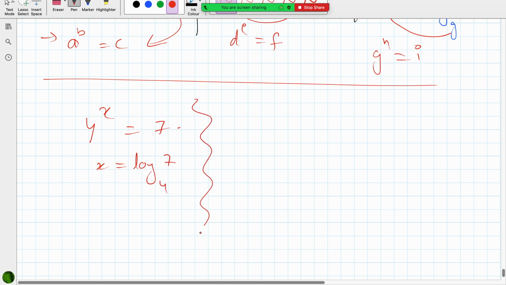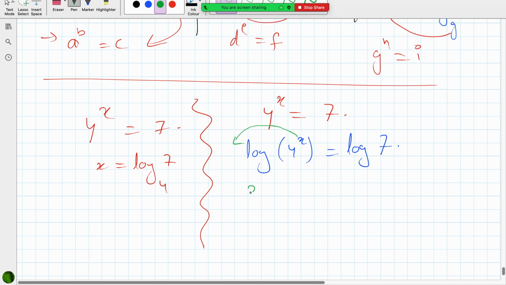Now there is one other way you can do it. 4 raised to power x is equal to 7. What should you do? You should apply log on both sides. So this is log of 4 raised to power x is equal to log of 7. We applied log on both sides. Now using power law, this x comes outside. X log 4 is equal to log of 7.